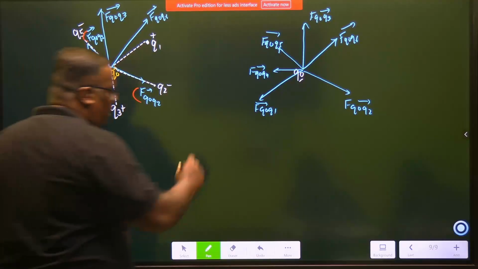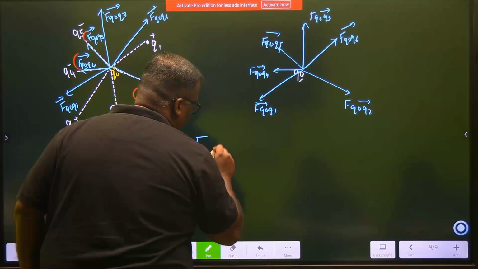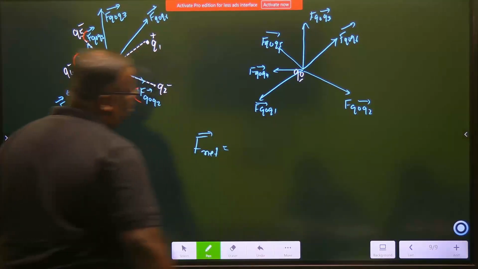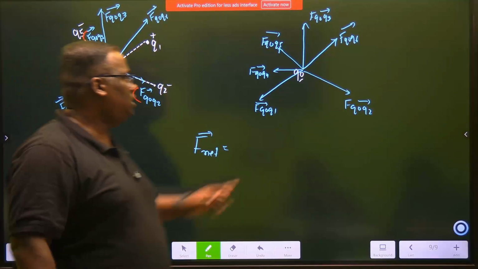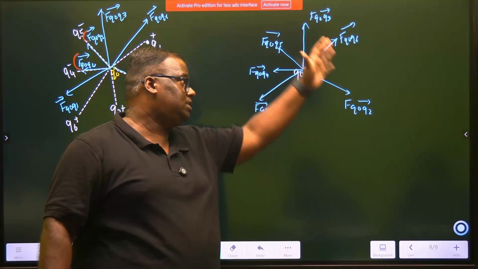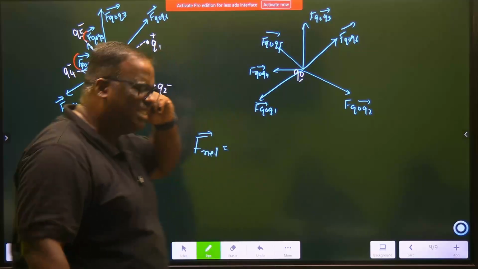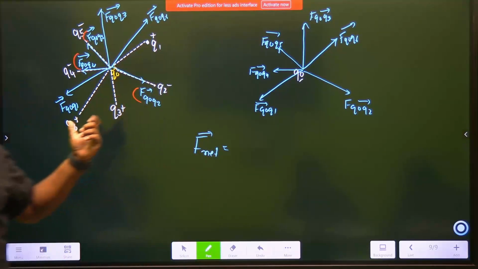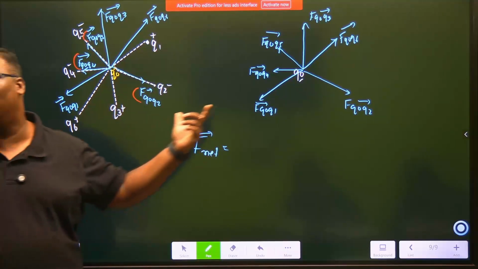So if you want to find out the net force, F net, the superposition principle says the net force acting on a charge when placed in a system of charges is the vector sum of the individual forces of each charge taken one at a time.